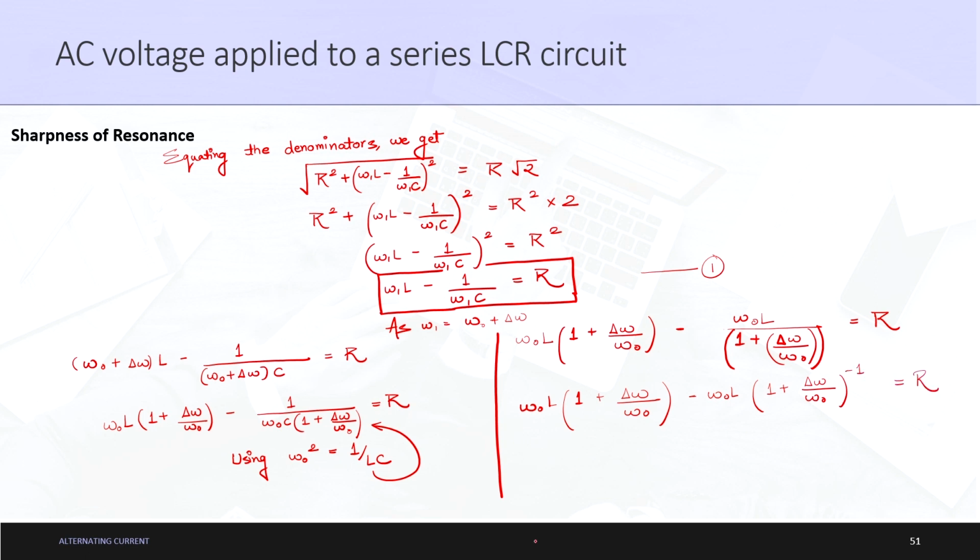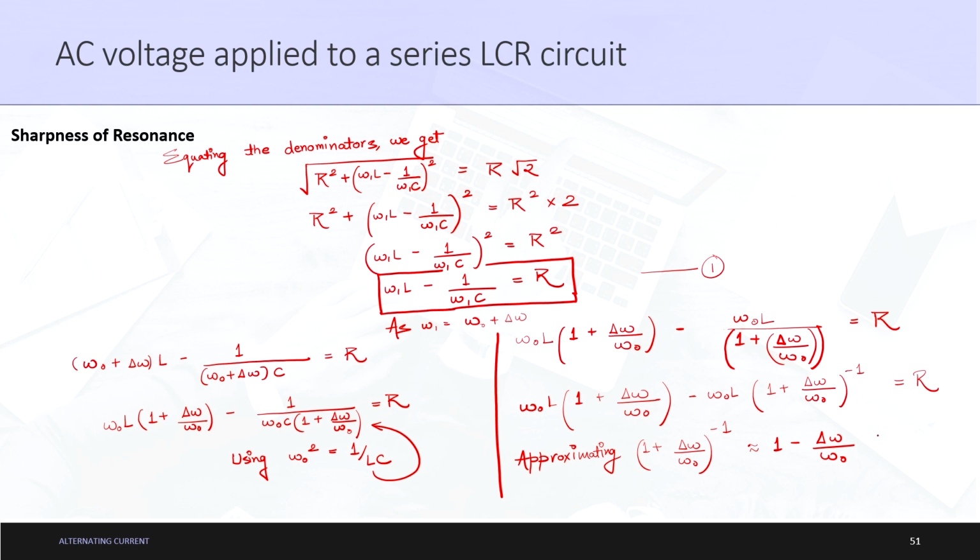Okay. So, now let us try to approximate the value of (1 plus delta omega by omega naught) to the power minus 1. Approximating, we get this as equal to 1 minus delta omega by omega naught.